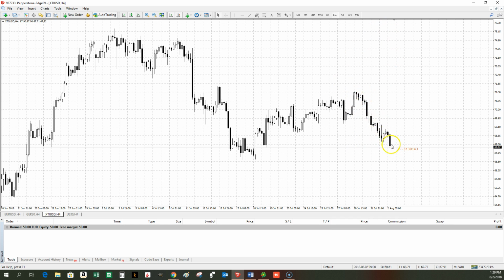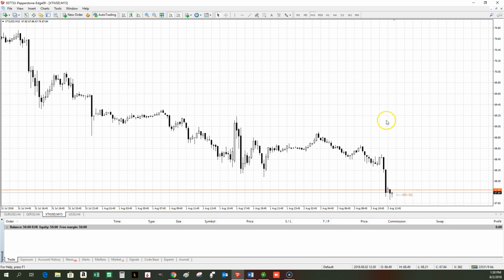We have a fall, a drop, and we are still in this channel. We want to trade on this asset. It's not moving much, and in order to scalp and have good results, you need to have a product that is moving. But let's see what's going on.